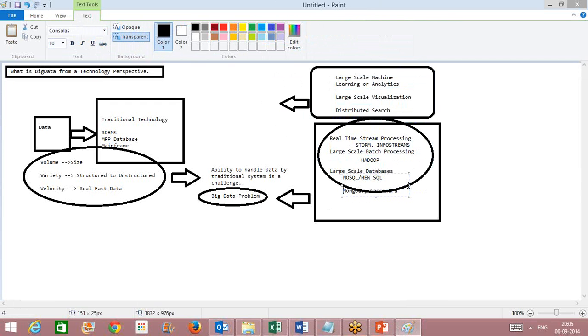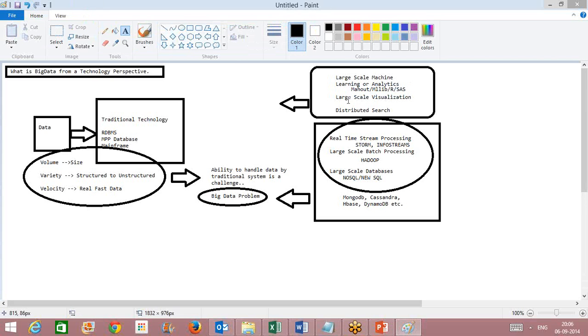Those are certain technologies which you can see. Then you have DynamoDB and so on. When we go to large scale machine learning analytics, you see Mahout, MLlib and R, SAS and so on.